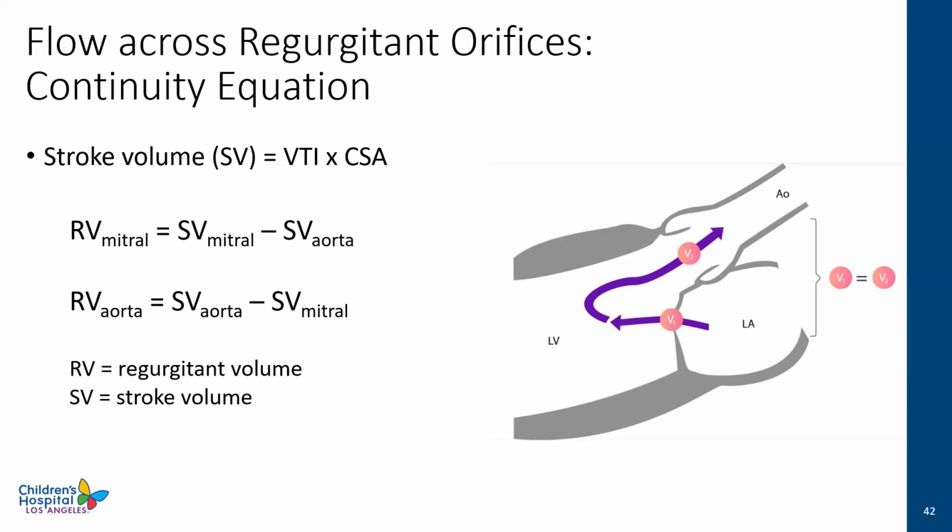The continuity equation is implying that the amount of blood flowing into the LV across your mitral valve is going to be equal to the amount of blood flow that goes out of the LV across your aortic valve. And so any difference in this antegrade flow is going to represent regurgitant flow. You can do this for both the mitral and aortic valve by rearranging this.